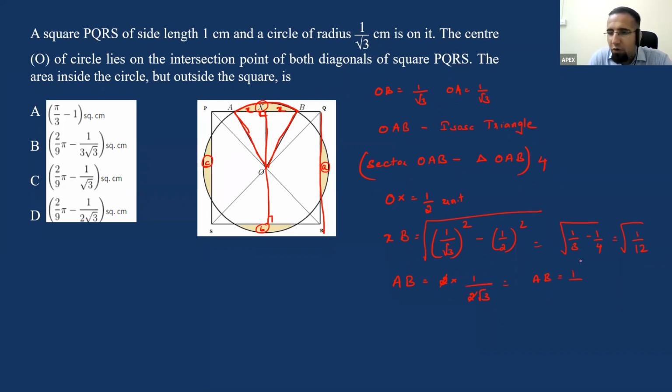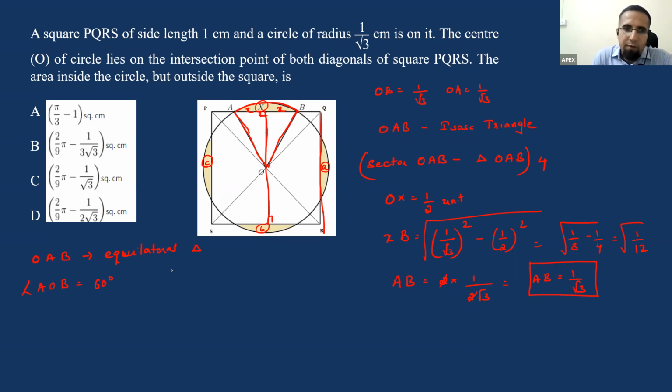If AB is also equal to 1 by root 3, I can say that OAB is an equilateral triangle.